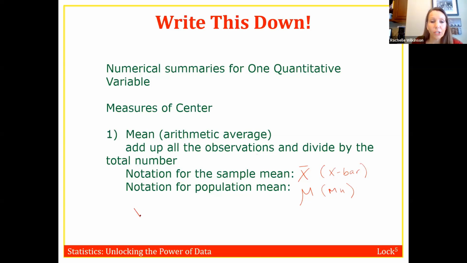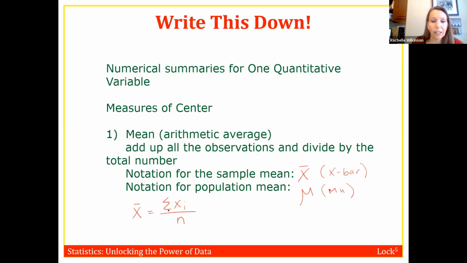And if we're talking about a formula for the mean, then we would say X bar is equal to the sum of all the individual observations divided by the total number of observations. So this is the formula for the mean. If the formula confuses you, just remember you just add them all up and divide by the total.